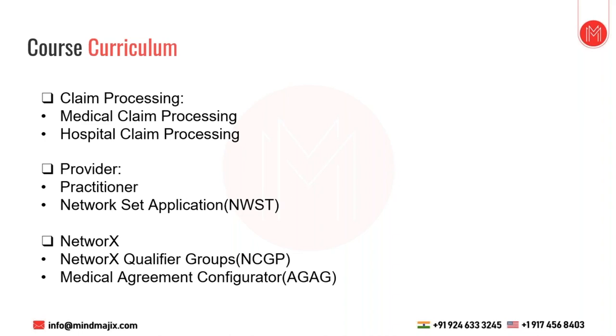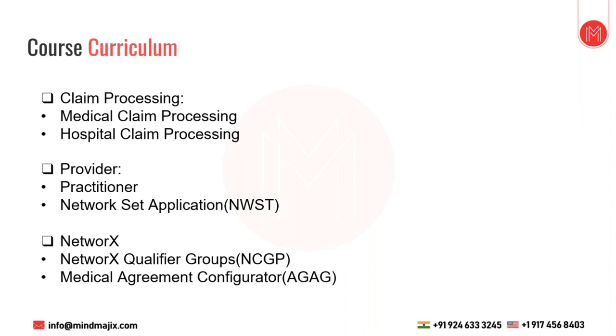When it comes to providers, we have different kinds of providers, like practitioner, facility, and IPAs, groups. A practitioner is nothing but an individual provider who is practicing healthcare at his own clinic or lab. For identifying these practitioners, we have NWST set in CSPI, that is class plan.